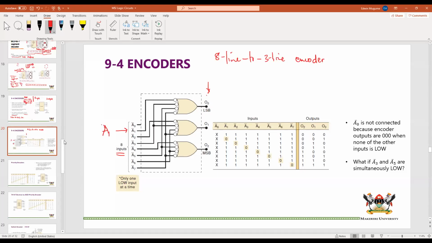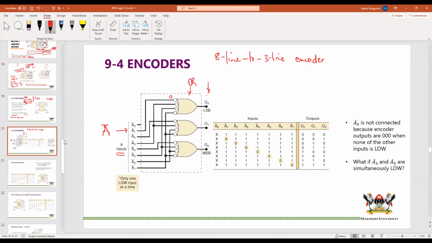So what if A1 was low? If A1 is low, you can see that you have a low coming in here, and A1 only connects to that one. It does not connect to any other. That means you have a 0 coming into that bubble, which turns it into a 1, and this is an OR gate.